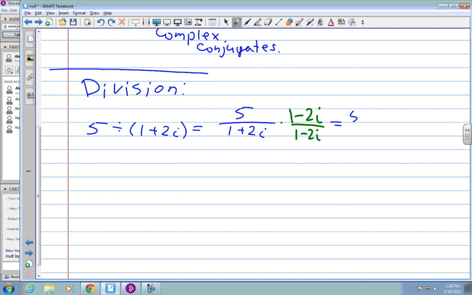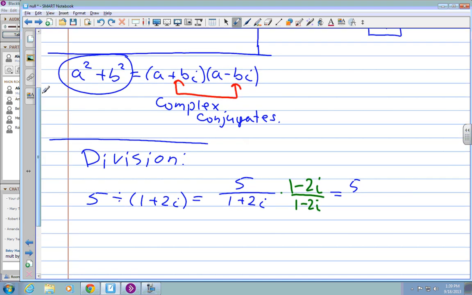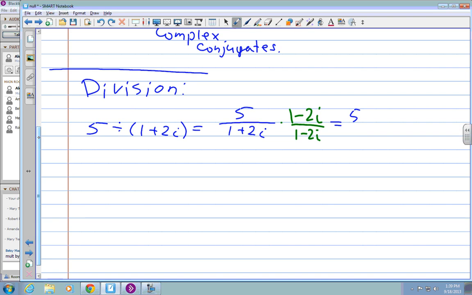Yeah, it's always going to have the opposite sign, because then we'll get the sum of two squares. So the numerator is 5 times (1 minus 2i), and in the denominator it's (1 plus 2i) times (1 minus 2i).